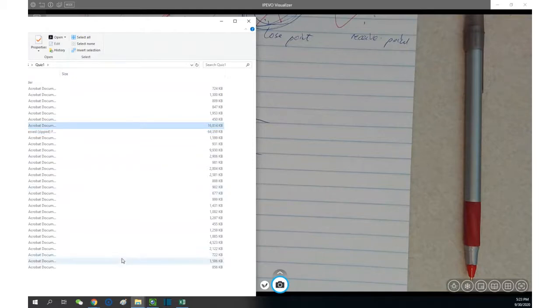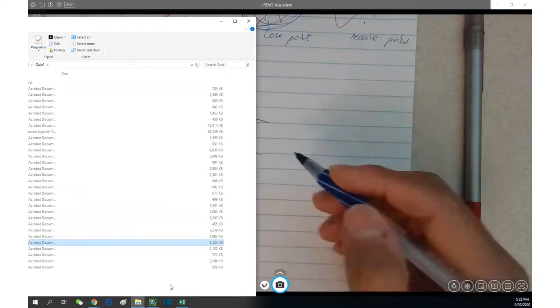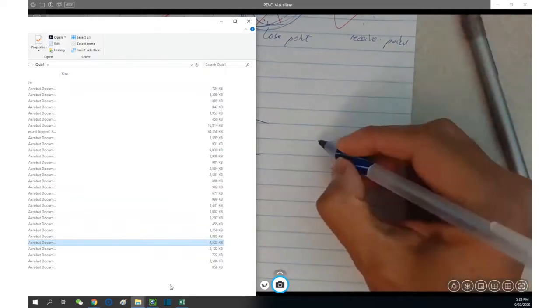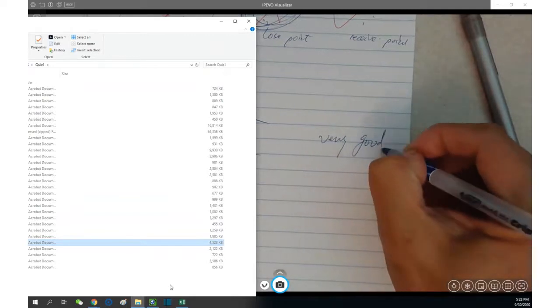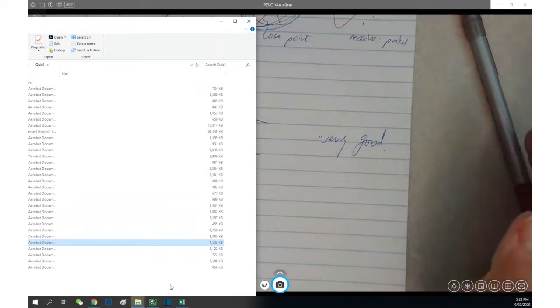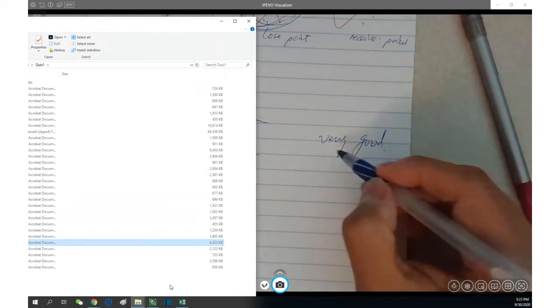It's too big. To be honest, I think even this 4 mega is a little bit too big in my opinion. When I grade, when I give a comment like "very good," I finish typing, however it takes 2 seconds to show up.